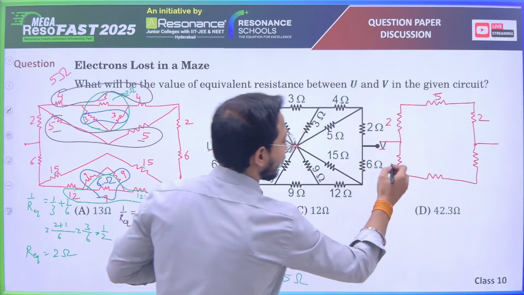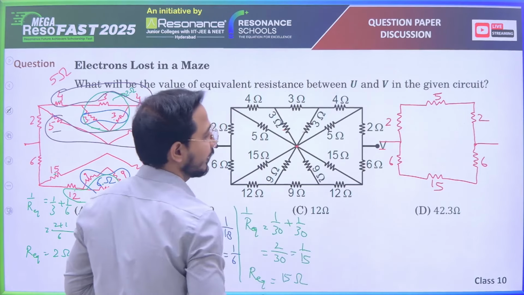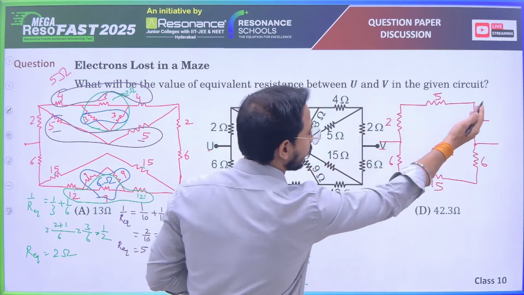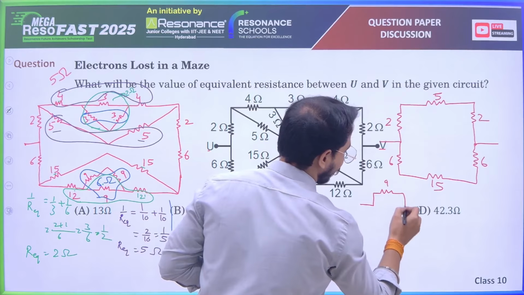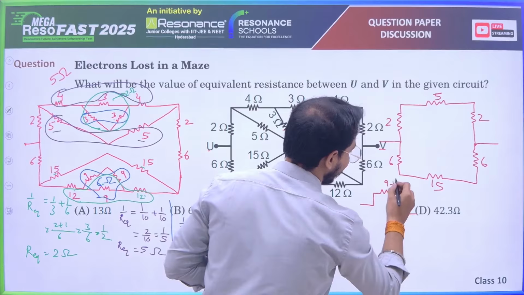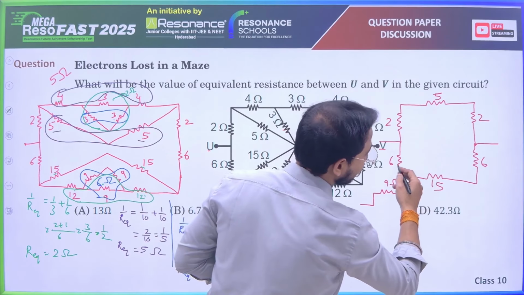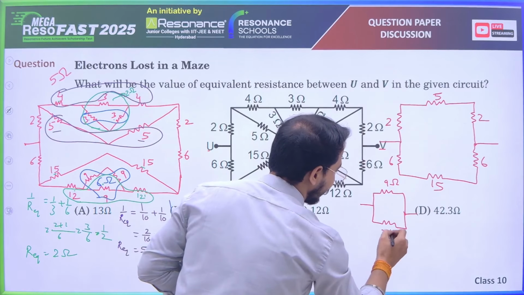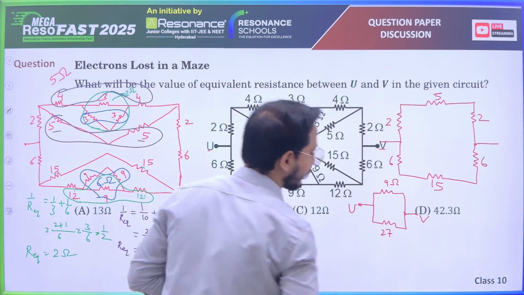In this part we are having 6 ohm and the equivalent we got is 15, right? So 5 plus 4, they all are in series, so 5 plus 4 is 9. Finally we are having 9 ohm over here, and here 15 plus 6 is 21, 21 plus 6 is 27. So this is our final circuit, right?